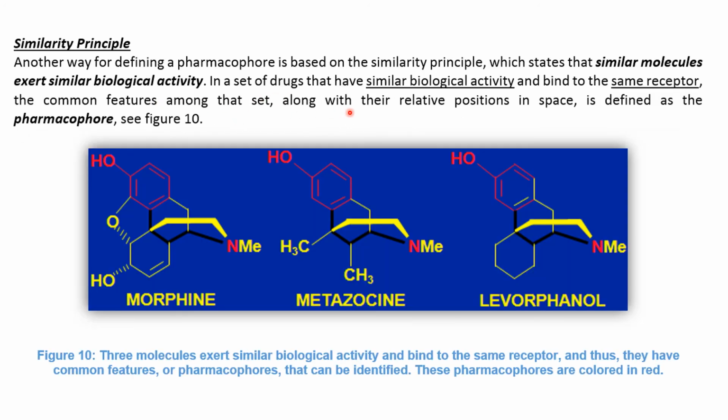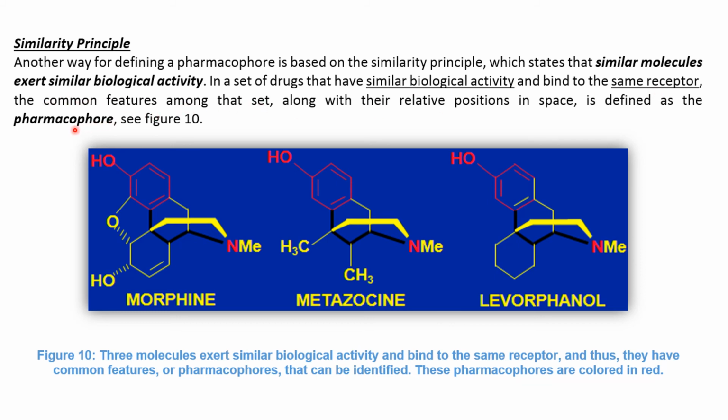Another way of defining the pharmacophore for a number of active drugs is using the similarity principle. What the similarity principle states is that drugs that have similar biological activities and bind to the same receptor should have common features among them.